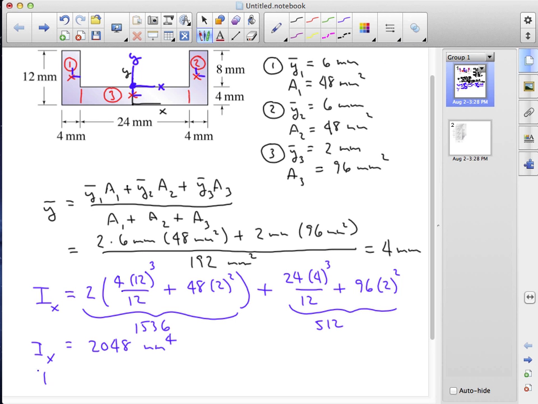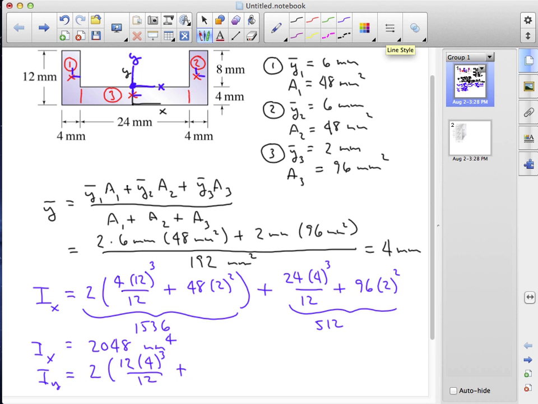For Iy, again we have the two contributions from the vertical parts of the U. That's hb cubed over 12, 12 times 4 cubed over 12, plus the parallel axis offset.